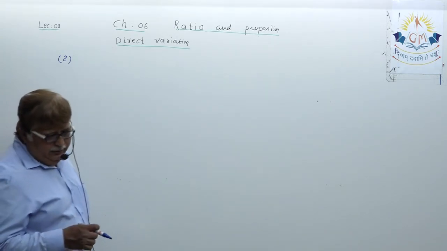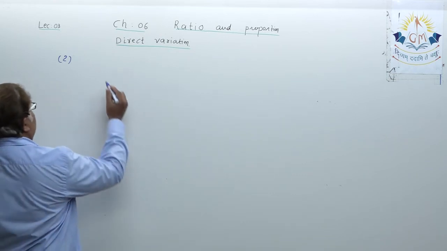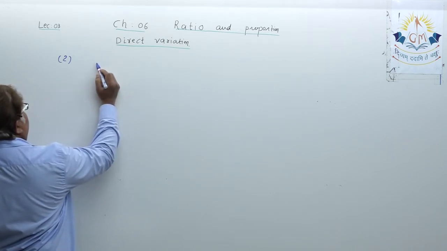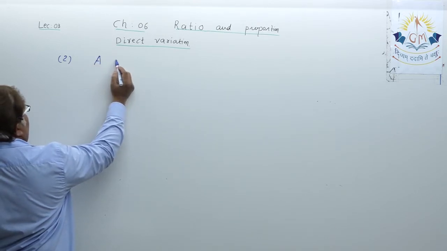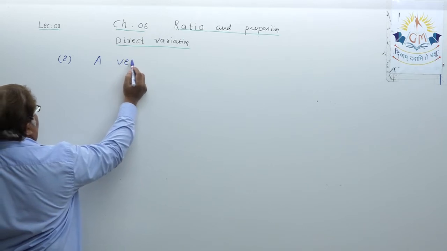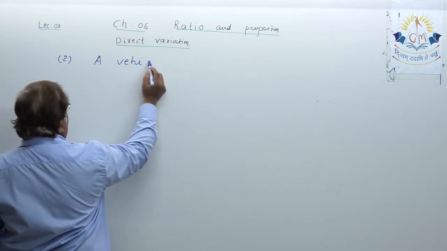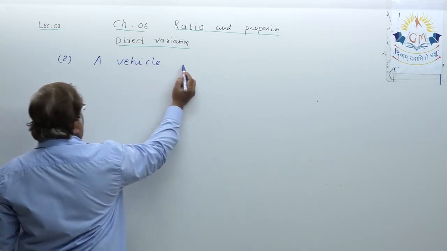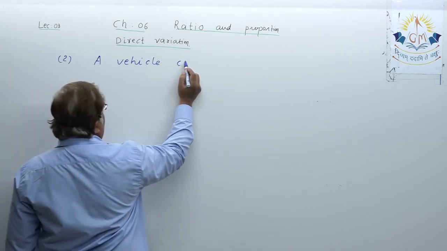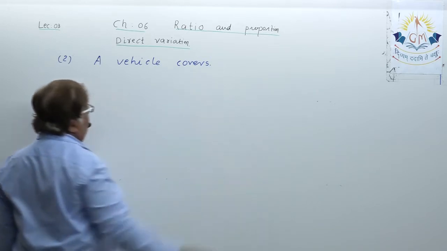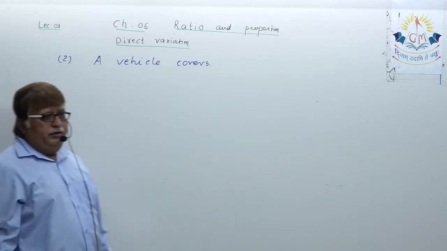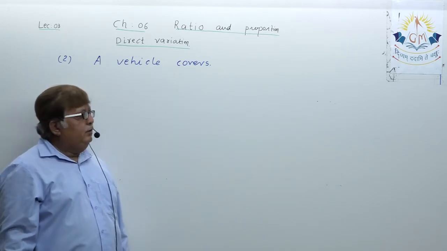Suppose I write, okay, this is like this, a vehicle, just note down, a vehicle covers, just write down the example with me.